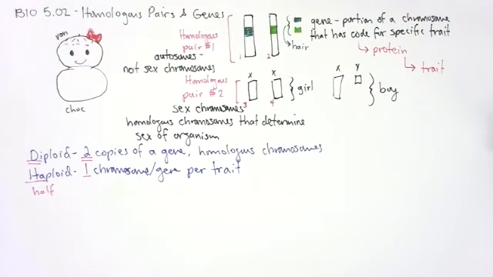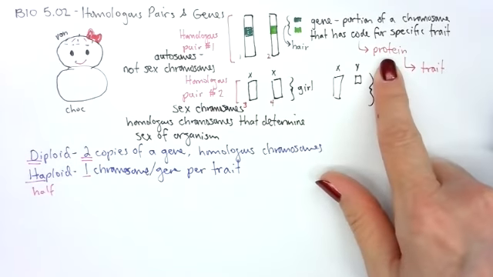So if you have blue eyes, the proteins that are in your iris are built differently than the proteins that are in the iris of somebody who has brown eyes or has green eyes. Or if you have wavy hair, the gene for your hair gives rise to a protein that grows differently than someone who has straight hair. Their protein is different. So traits almost always come from proteins.